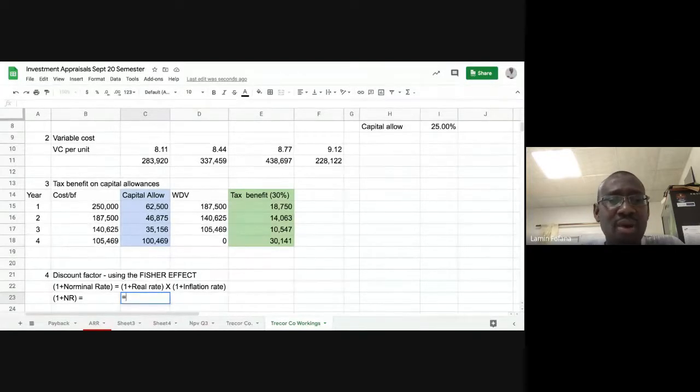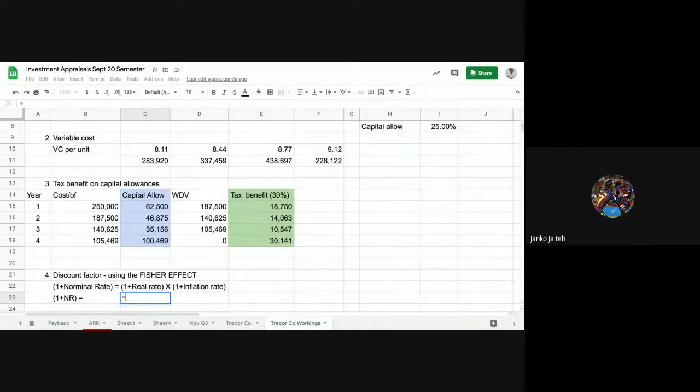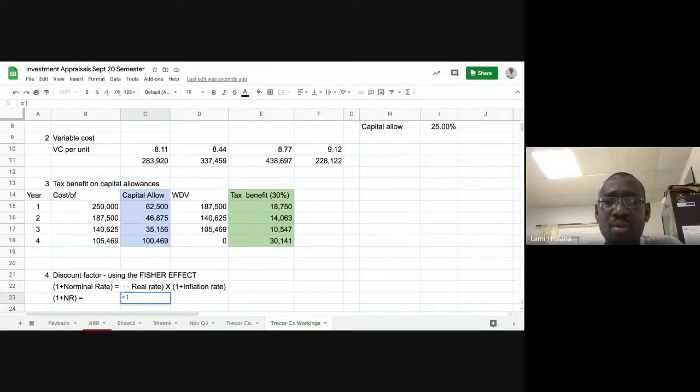So we say equals. Can someone give me equals? 1 plus.